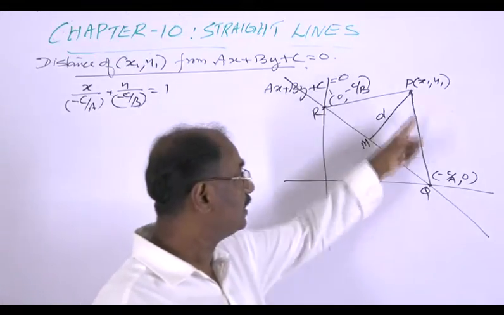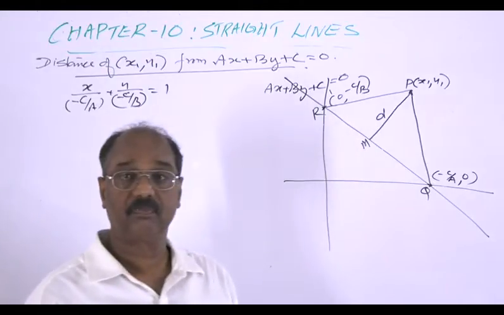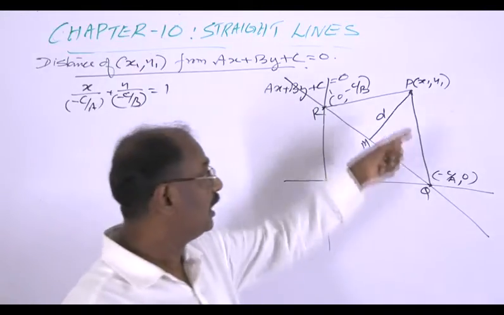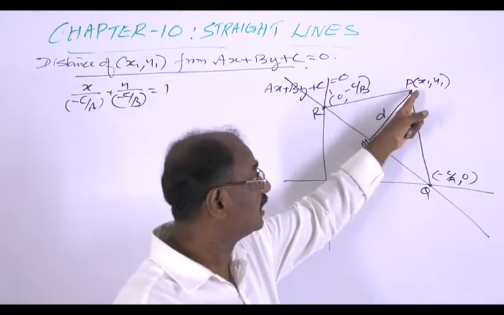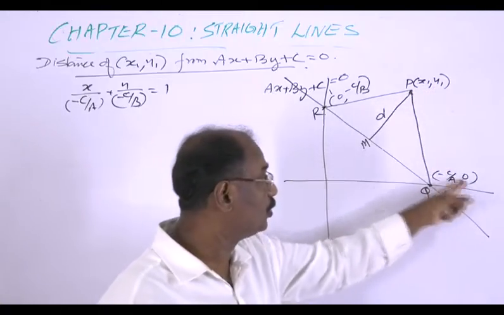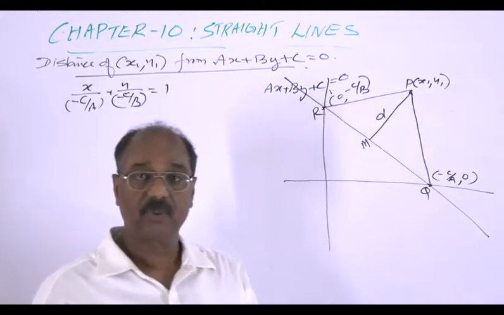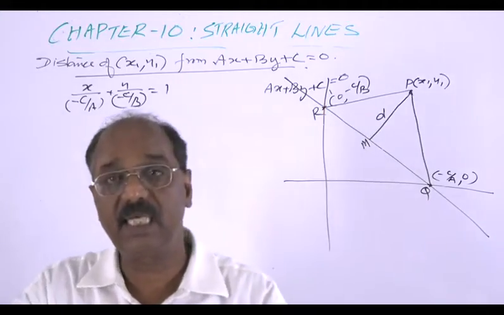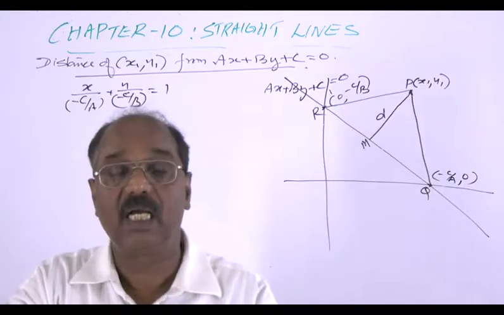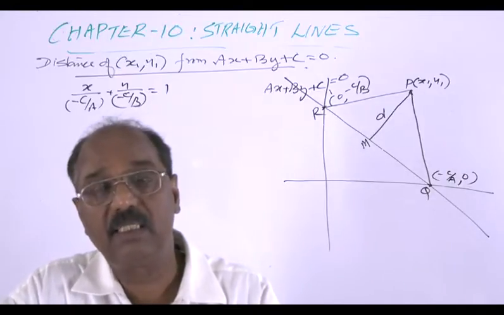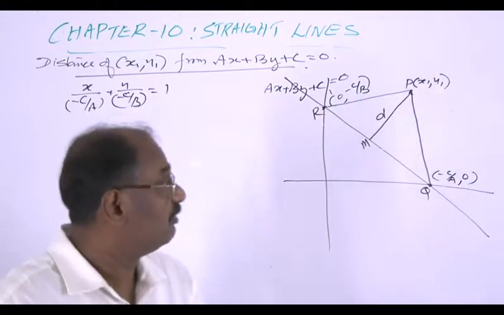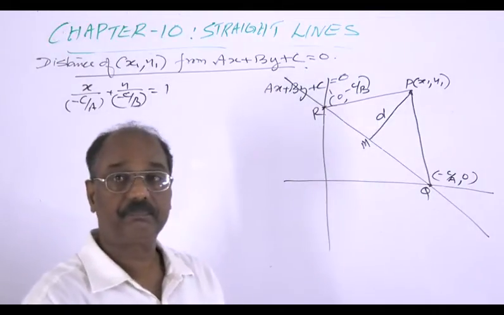One, half base into altitude. The other is the area of the triangle having vertices x1, y1, x2, y2 and x3, y3. So in two different ways we can find the area and equate, and from that equation we will get this d.